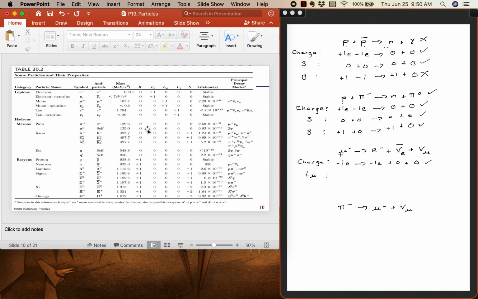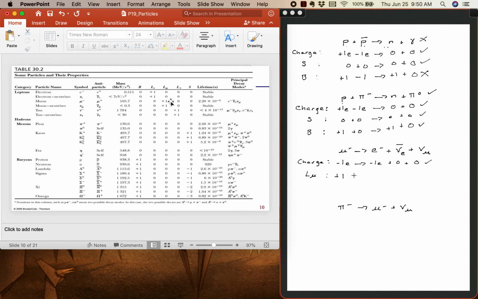And for the mu lepton number, a muon has +1 for its mu lepton number. And so if we go in the table here, we can see that is the case. Here's the mu, and it has a mu lepton number of +1.